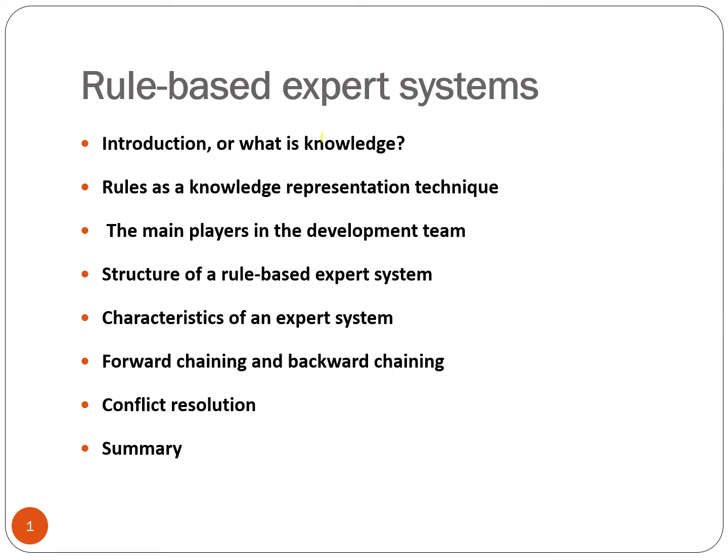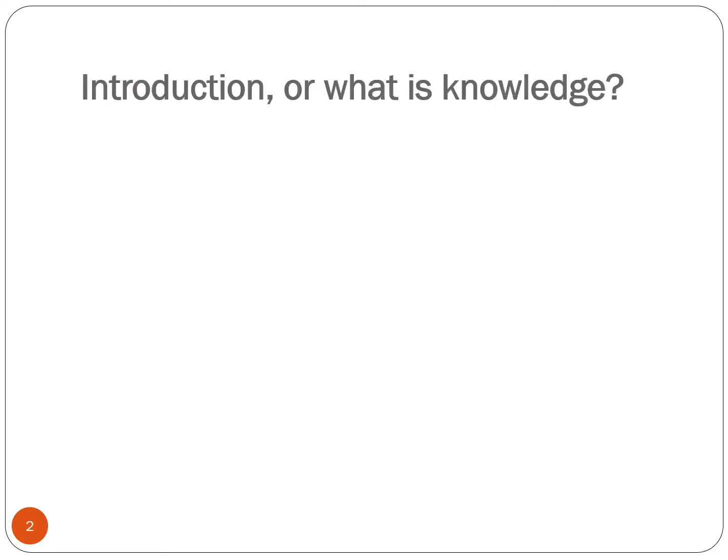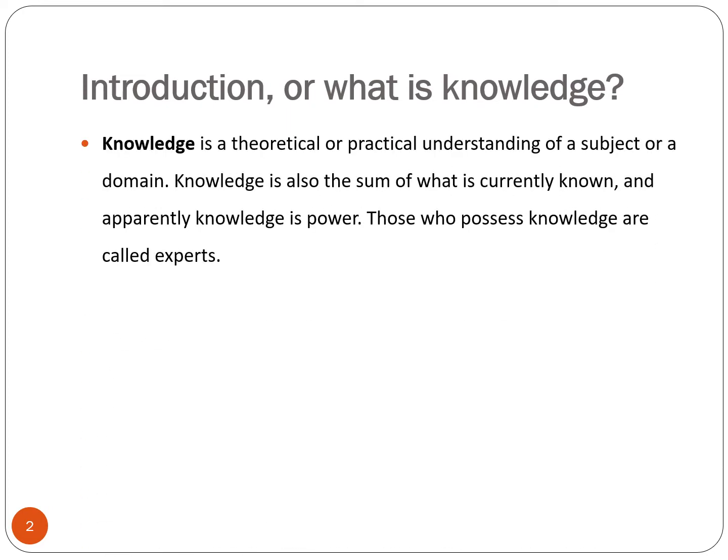Okay, so now we look at the introduction or definition that we will use suddenly in the expert system discussion. Okay, knowledge. Okay, knowledge is most of the words that we are going to use.